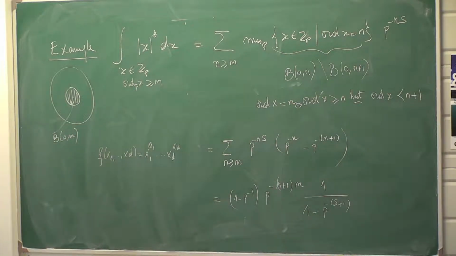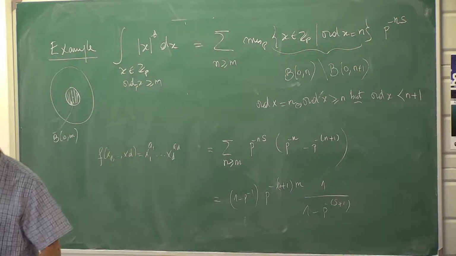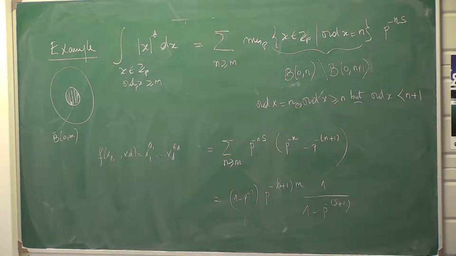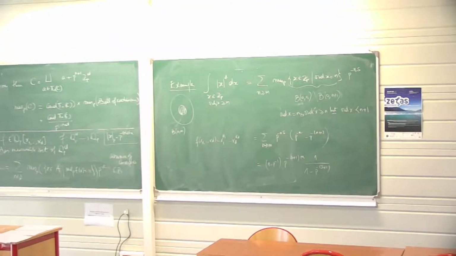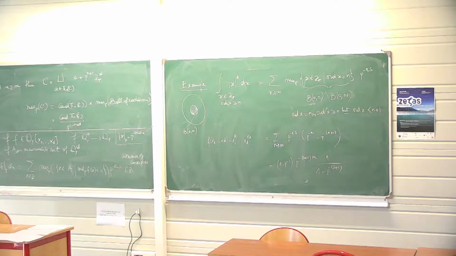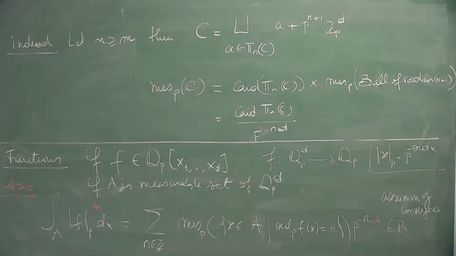Okay. May I ask a question? Yeah. If I understood correctly, you define this integral in this way. Yeah, if the series is convergent, we say that f is integrable. Yeah, but on the other hand, having a Haar measure, the integral is defined by itself.